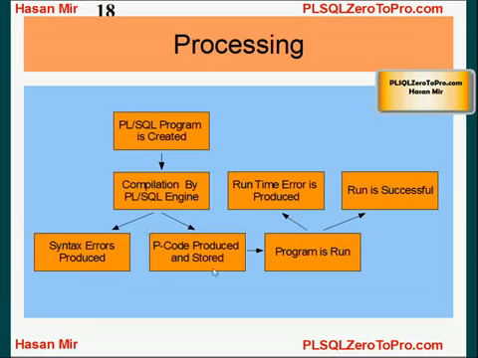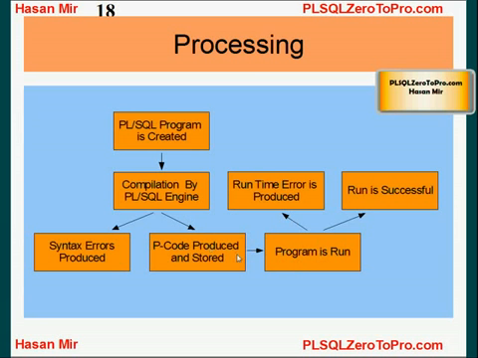P code is something programmers are usually not interested in seeing; it's in the back end, raw instructions to Oracle. Once the program is compiled, the P code is stored so that you can run it anytime you like. It's a very fast execution. If it's never been compiled and you try to run it, the first time the compilation will occur, but compilation is only one time. The rest of the time only the P code will be executed, which is pretty fast.